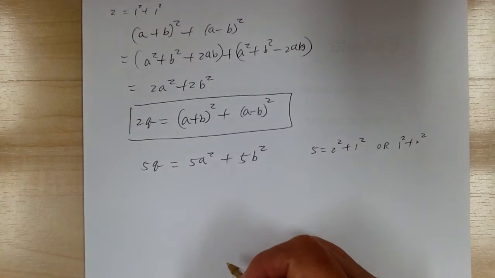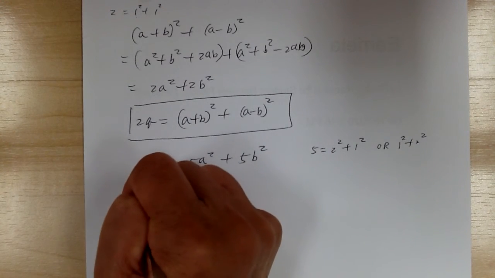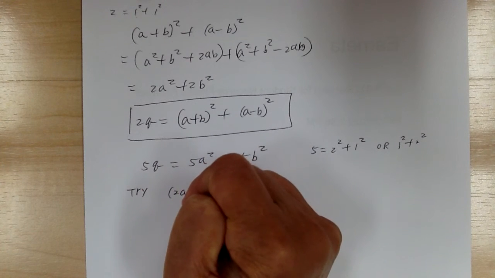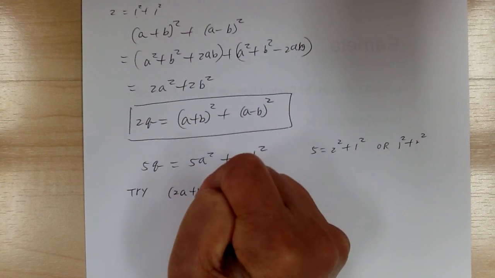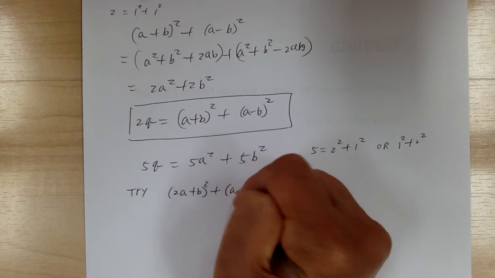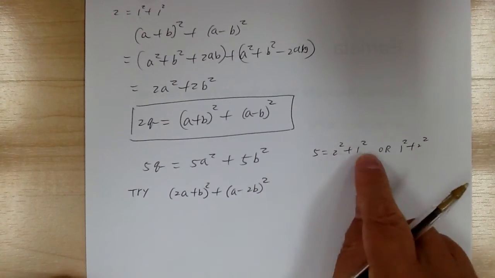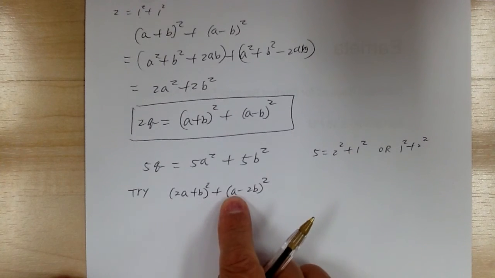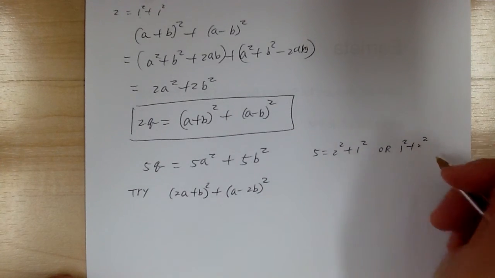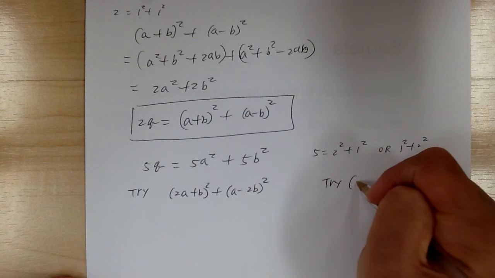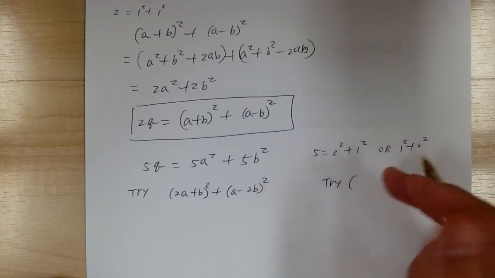So in this case, you want to try 2a plus b squared plus a minus 2b squared. Again, you want to try the coefficients of 2 and 1. For the 1 and 2, you can also try the conjugate.